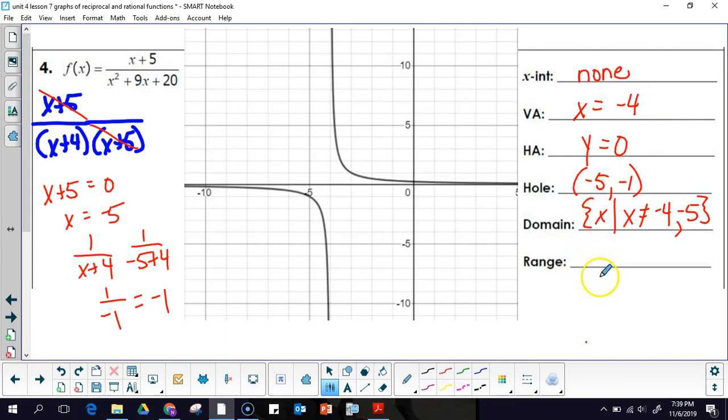Okay, and then the range would be y such that y does not equal -1 or 0, because I got my -1 here and my 0 here. So my horizontal asymptote and also the -1 where the hole is. All right, we're done.